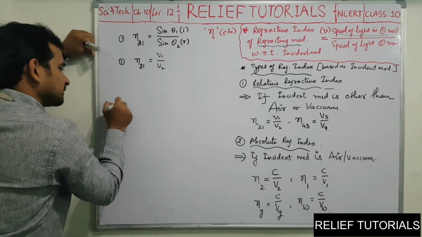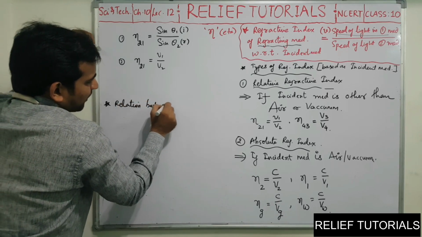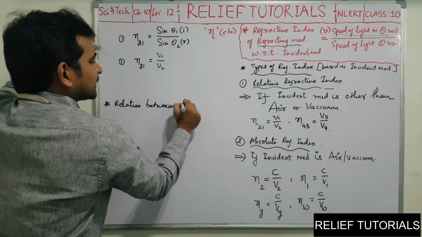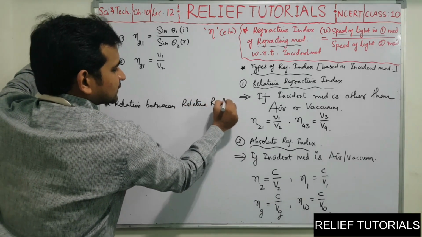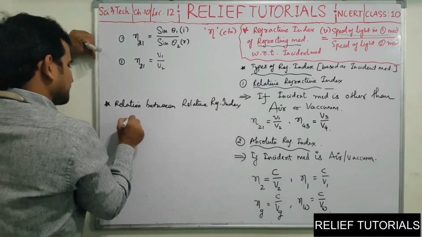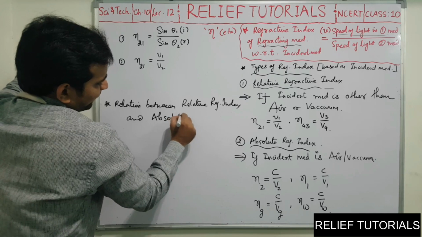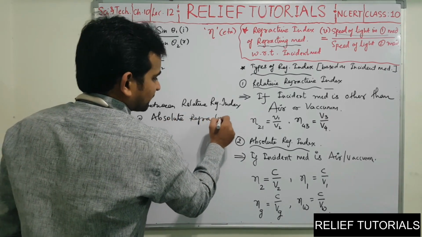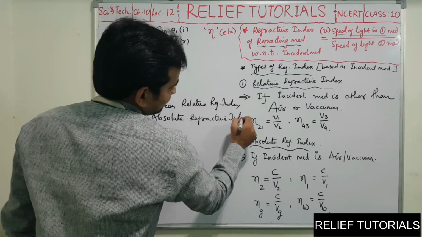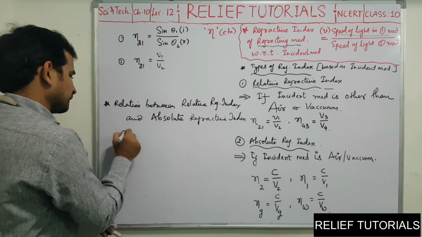That is nothing but the relation between relative refractive index and absolute refractive index. So what is the value of eta 1?